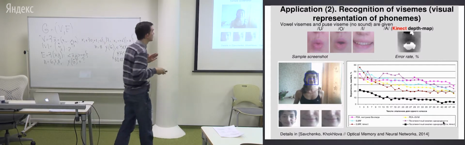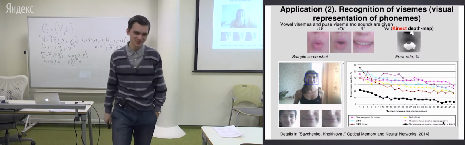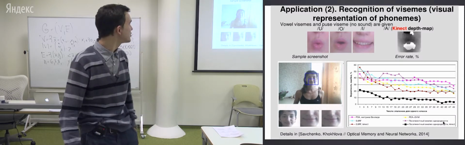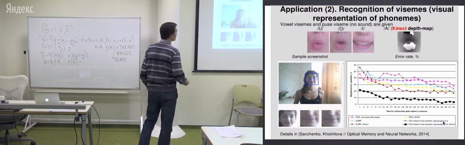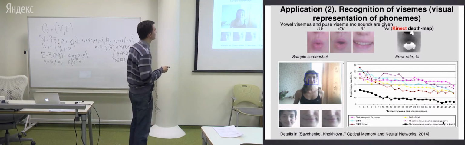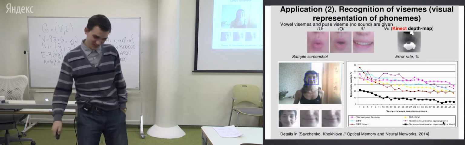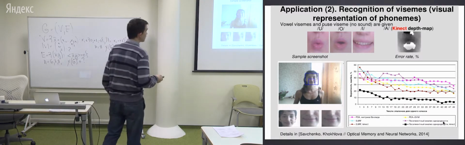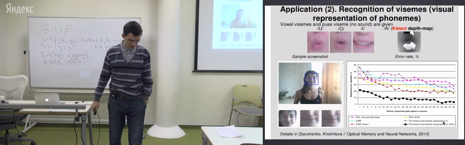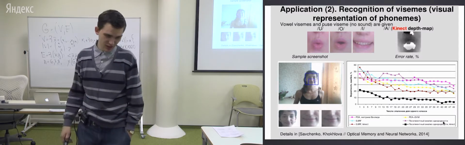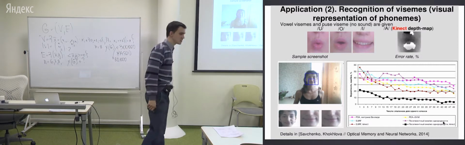She created a pretty good application, and unfortunately it's in Russian, but the error rate is quite good for our methods. For the conventional camera, our performance is similar to principal component analysis and so on.